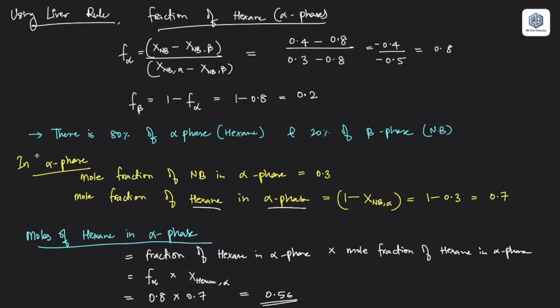So just to give you the formula, if you have to calculate the fraction of hexane in alpha phase, that is also the ratio of moles of hexane in alpha phase divided by mole fraction of hexane in alpha phase.